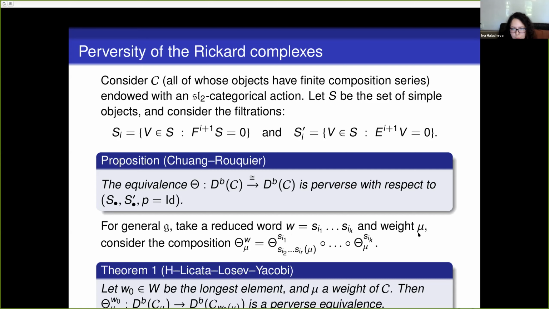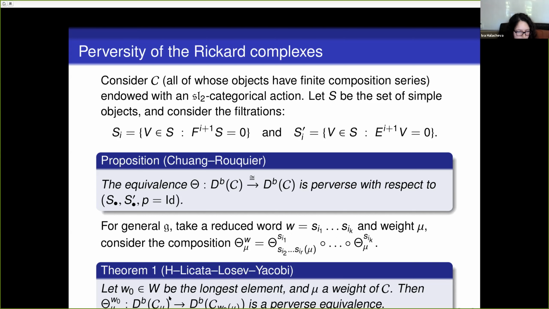And we're also going to fix a weight for the G representation we're working with. And then we can consider the composition. So for each of the Weyl group generators in the reduced word, compose the corresponding Rickard complexes, so define them the same way we saw earlier.